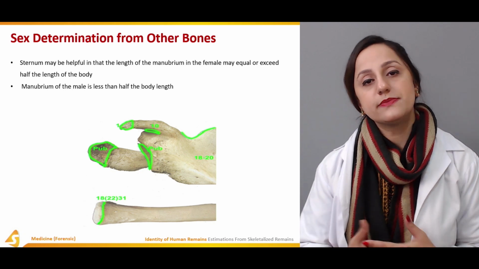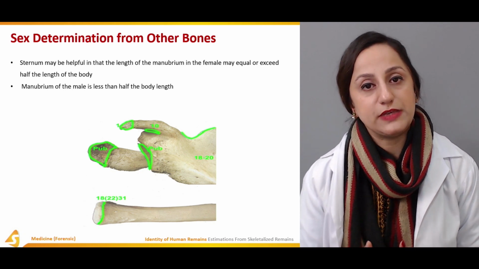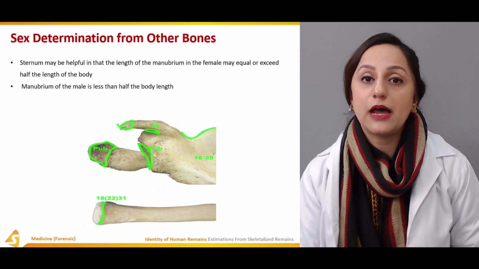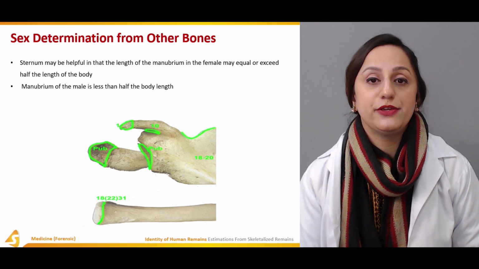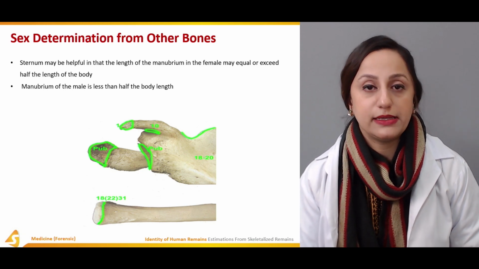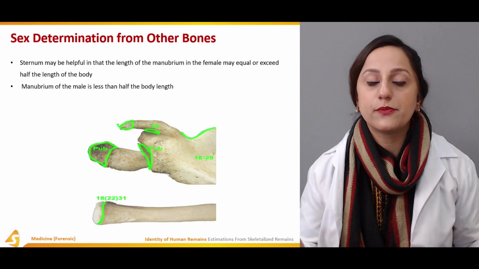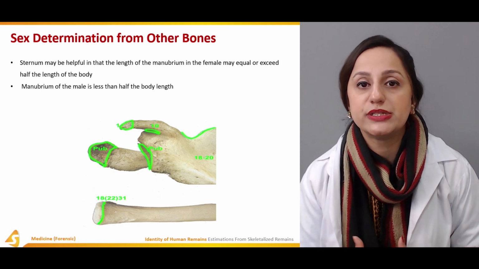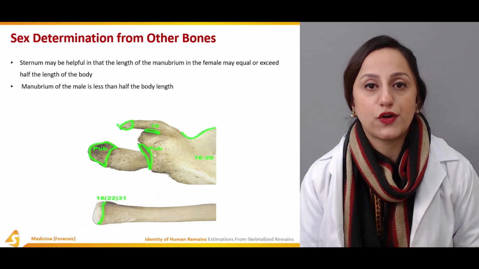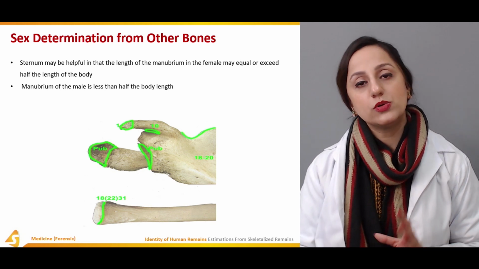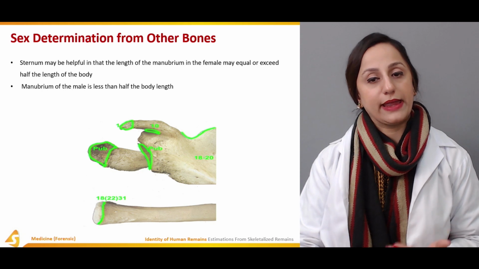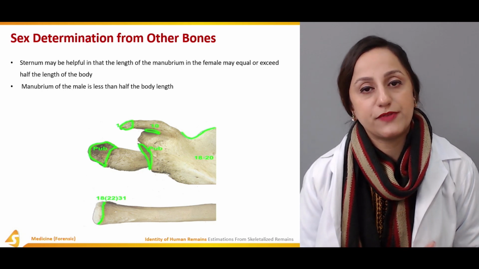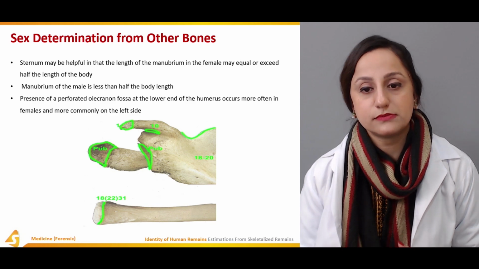All of these differences between males and females relate to the physiological functions that the females have to perform, that is the childbearing function, which is the mainstay, and all these differences contribute towards the childbearing function of the females. So we have to keep all of these things in our mind whenever we are sexing the bones that we have found at the crime scene.